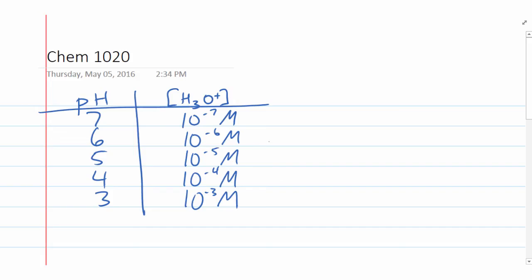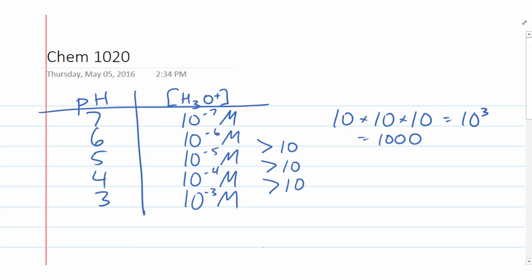And so again, we can see that for each jump in pH unit, we have a factor of 10. This here is another factor of 10. This right here is another factor of 10. So again, each being a factor of 10, it winds up being 10 times 10 times 10, or 10 to the 3rd, which is the same as 1,000.